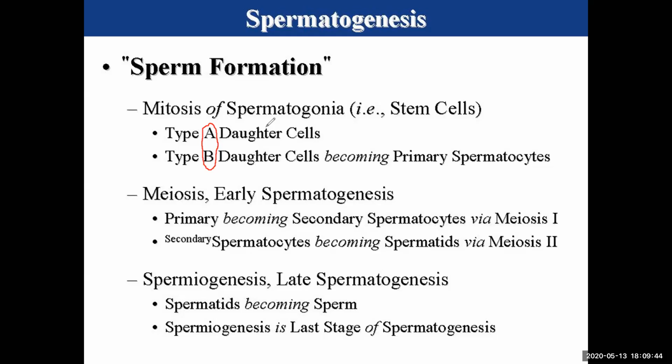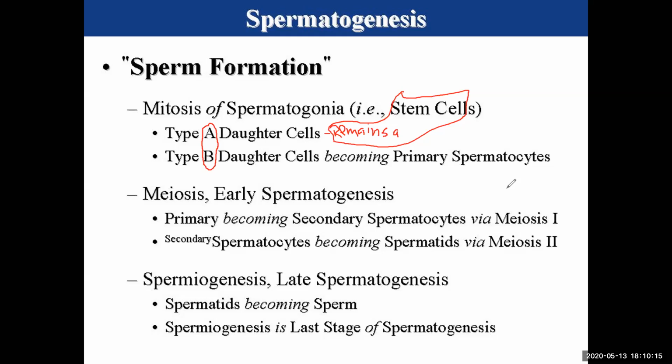The difference here is the type A daughter cell remains as a stem cell. So it will not undergo differentiation, it remains a stem cell.